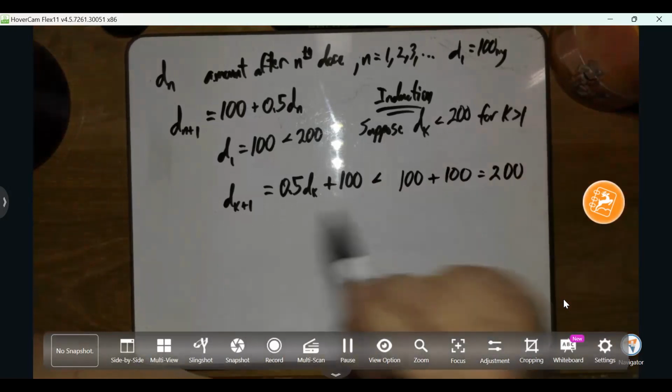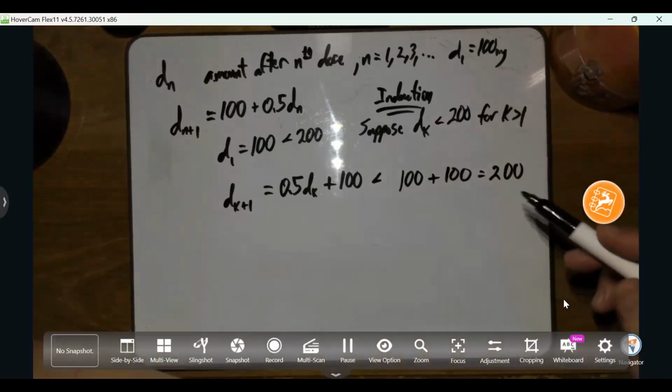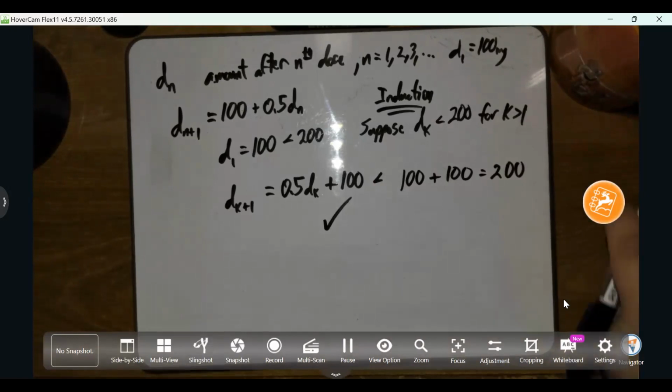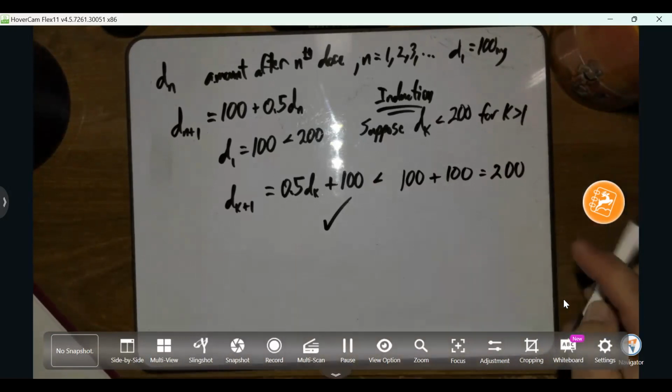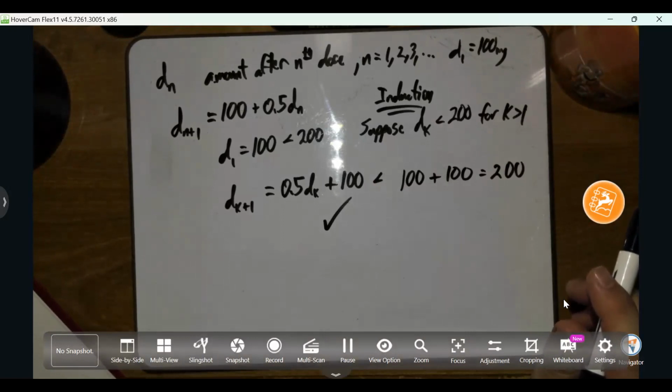And so we get dk plus 1 is less than 200. And so, boom, we've proved it by induction. So what we've shown is that, by induction, our sequence is bounded.